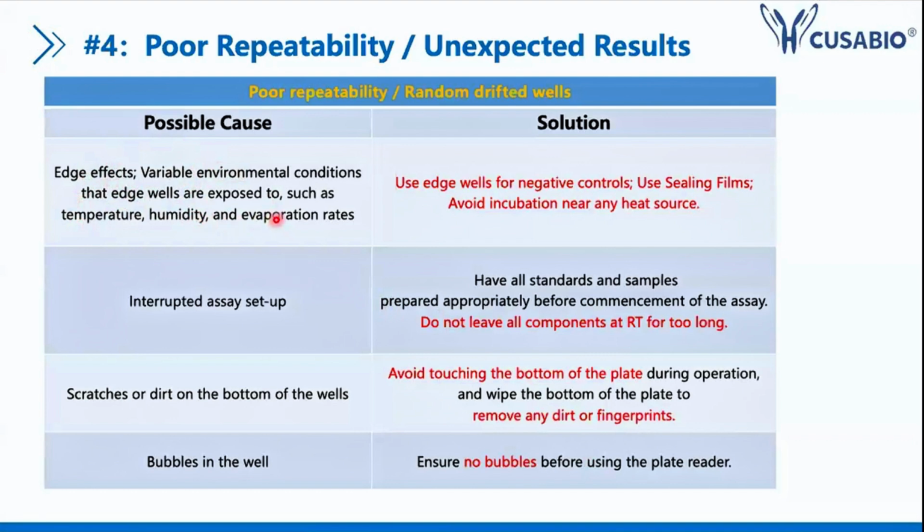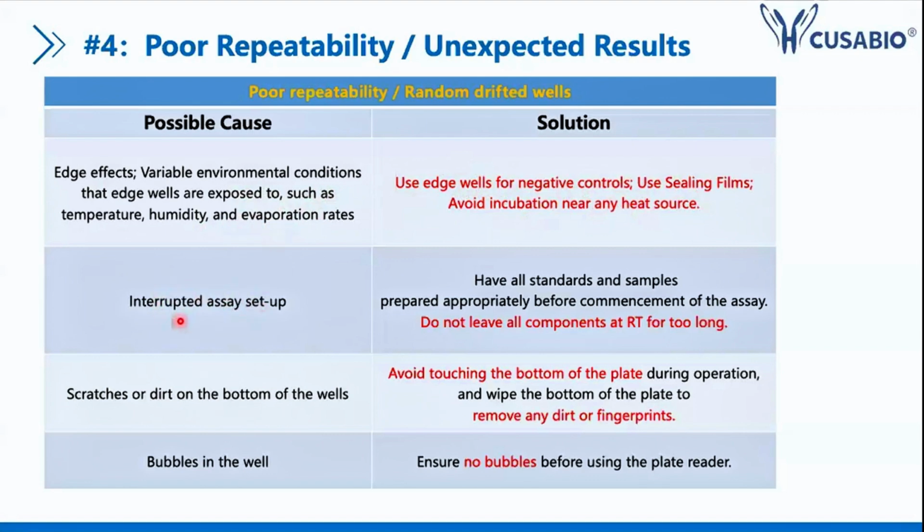This can cause the evaporation rate to be different between the wells. So the solution for this possible cause is to use the edge wells for the negative controls, or you can use sealing films. And also be sure that when you do the incubation, don't let the plate be close to any heat source, which would affect the evaporation.